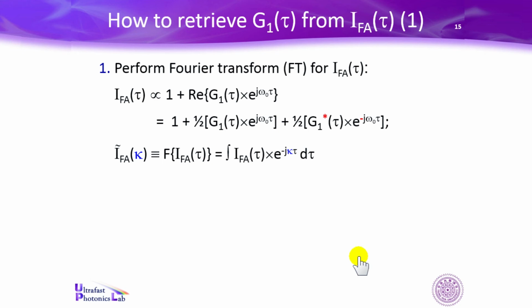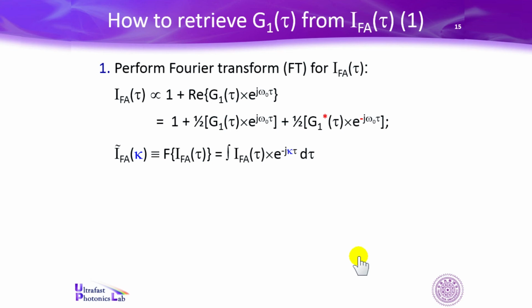Traditionally, after Fourier transform, a function of t becomes a function of omega. T and omega are a pair of variables. But here I have tau, which is different from t, so I use another symbol kappa. Tau and kappa are a pair of variables. Your input function times the kernel function, integrated over the original variable tau, gives you the Fourier transform.